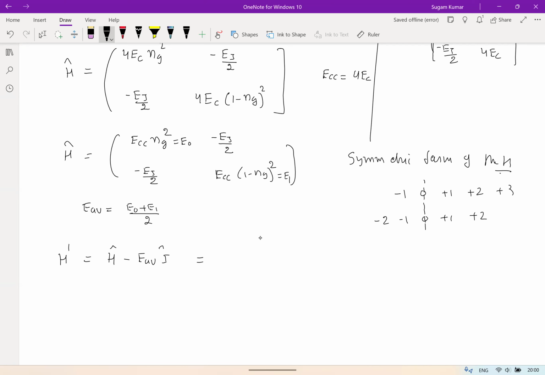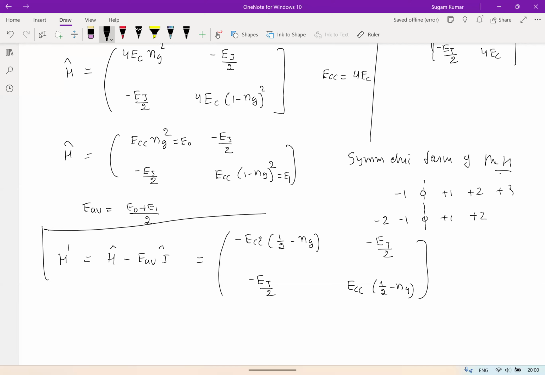And you will get this equation: minus ECC and 1 by 2 minus Ng, and minus Ej by 2, and again minus Ej by 2, and ECC and 1 by 2 minus Ng. So you can see that the Hamiltonian becomes symmetric.